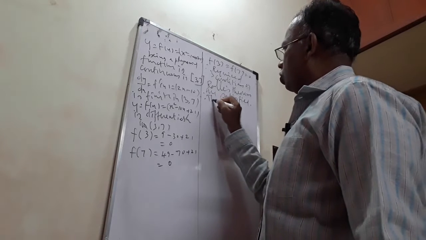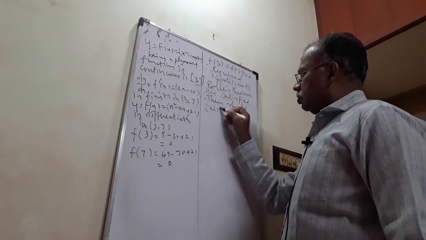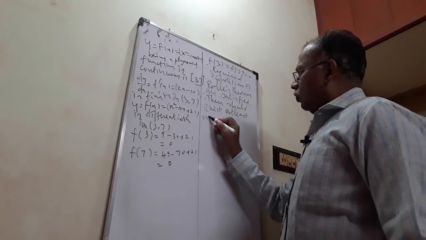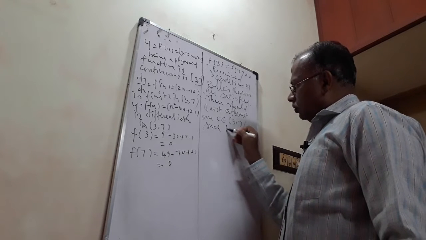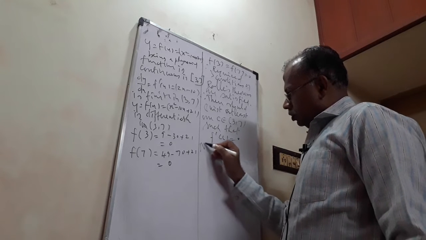Okay, therefore there should exist at least one c element of (3, 7) such that f dash of c is equal to 0.